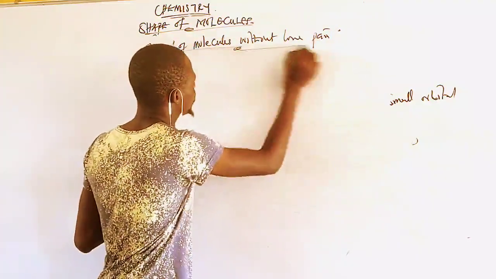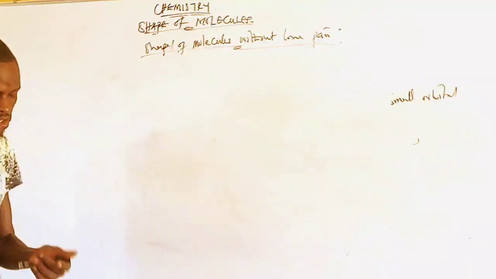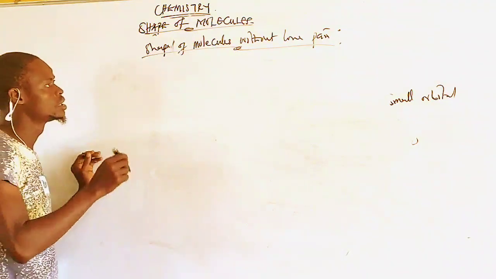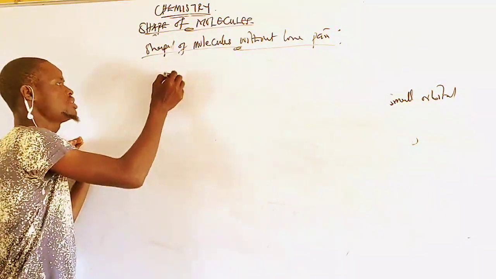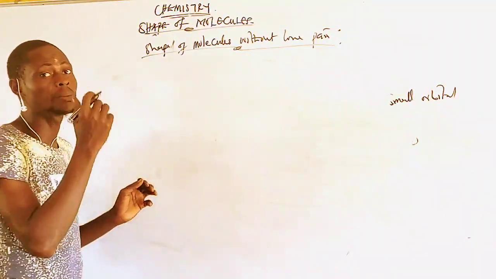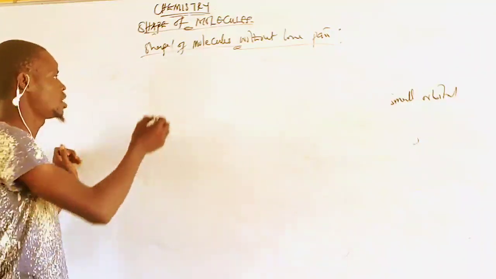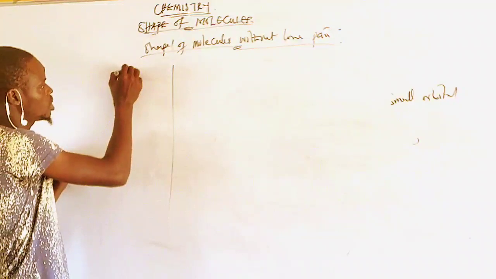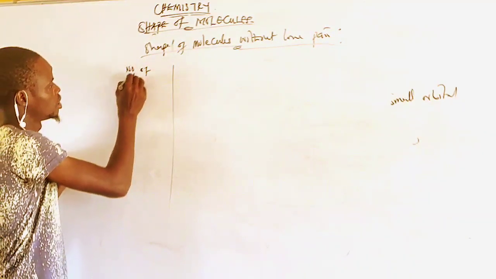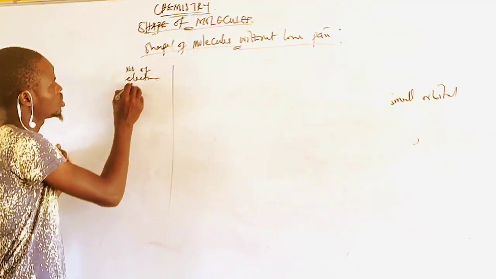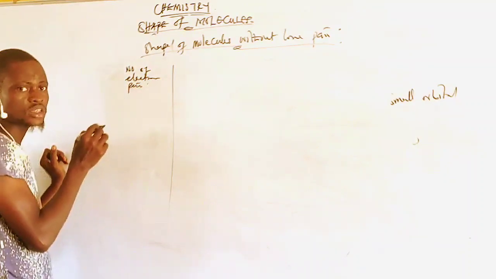Take note of this. I said the shape of a molecule depends on the number of electron pairs found in that molecule. Are you getting what I'm saying now?